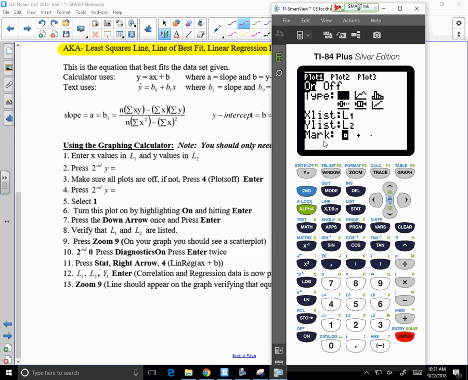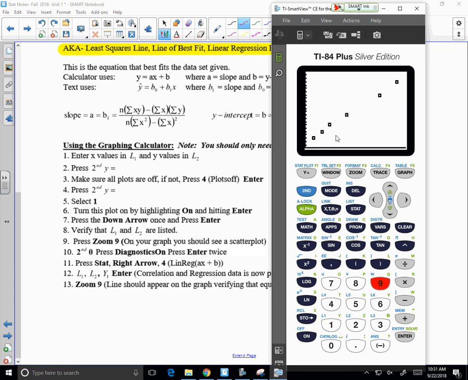At the bottom it says mark. That's just how the points will be plotted on the graph. I go with the boxy looking one because that's a little more visible. The little point sometimes looks like a stray mark on the graph. I don't like it. So one of the first 2 is fine. Then you hit zoom 9, ZoomStat, and now you have a scatter plot.